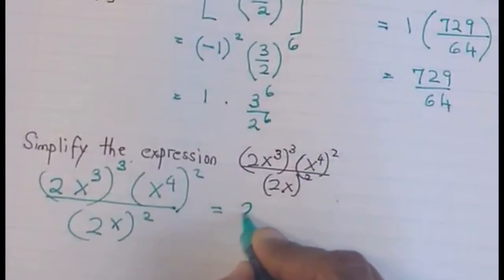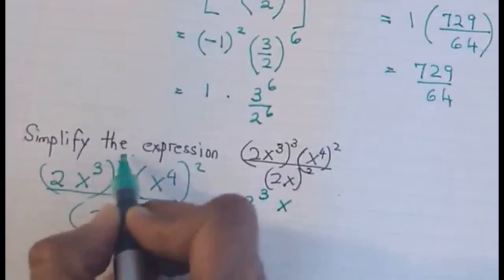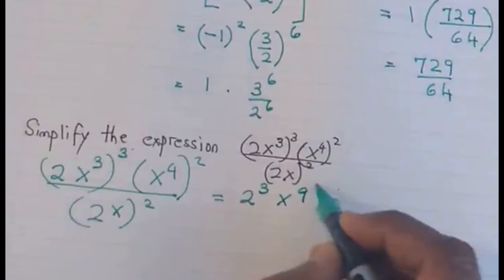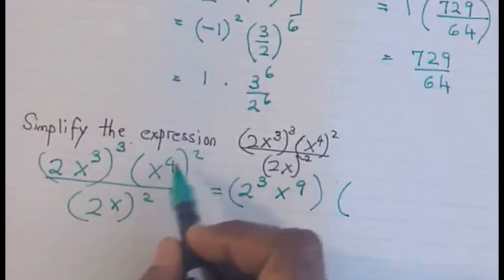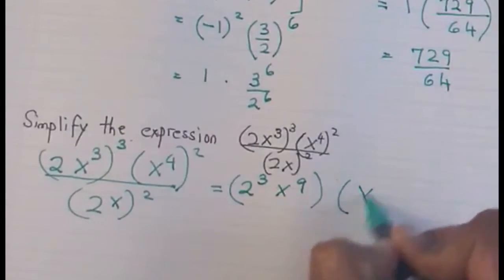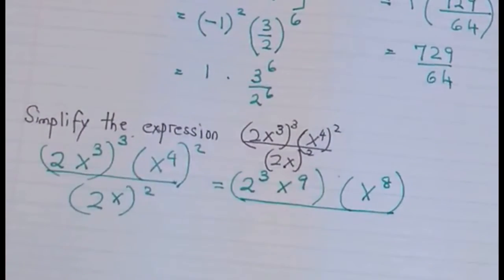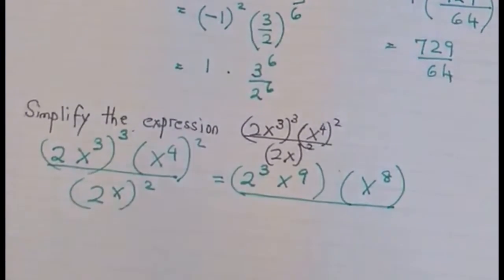So 2 would be raised to the power of 3, and x would be raised to the power of 3 times 3, which is 9. And that's going to be multiplied by x to the 4 raised to the power of 2, so that's going to be x to the power of 8. Let's see what we have in the denominator. 2x, whole thing raised to the power of 2.